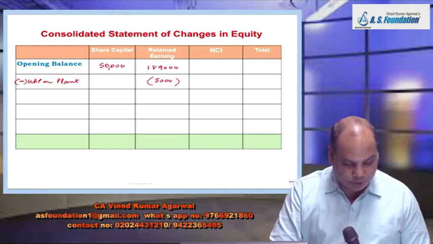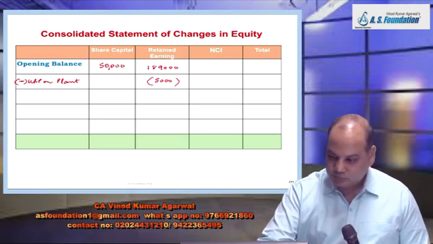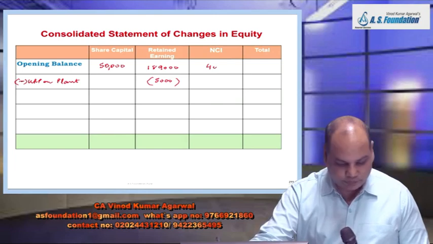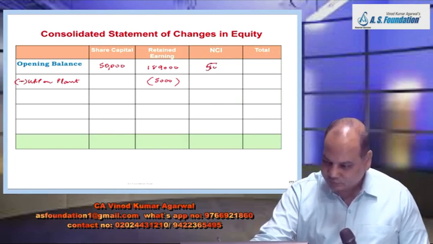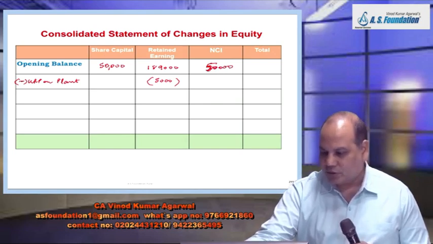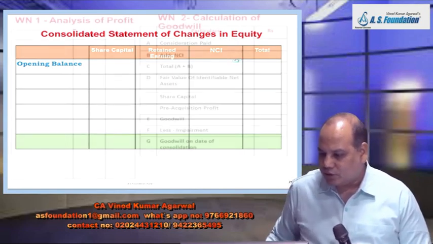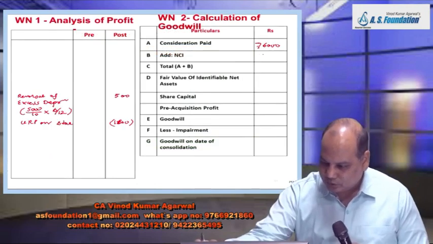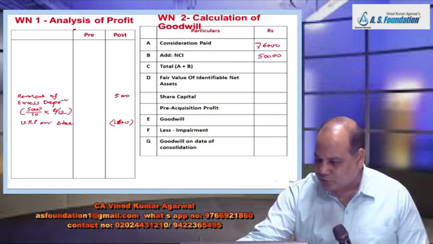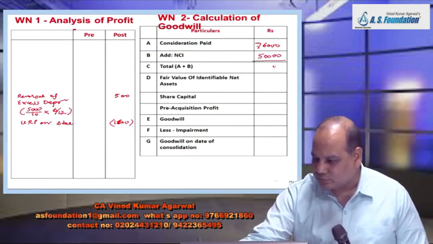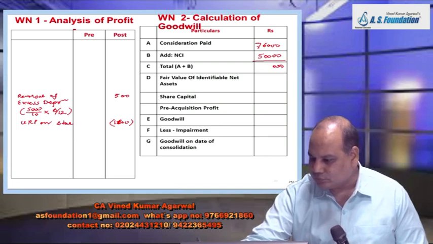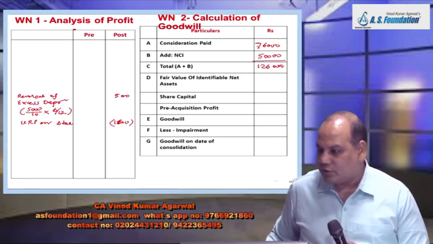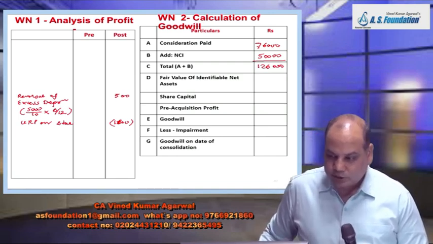Check, it is given in the point number 3. Date of acquisition NCI 50,000. So the NCI I will write in goodwill working also. 50,000. Total of A plus B here in goodwill working note is how much? 1,26,000. Is it right?